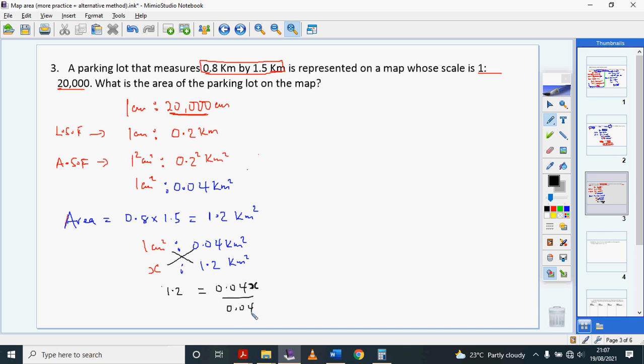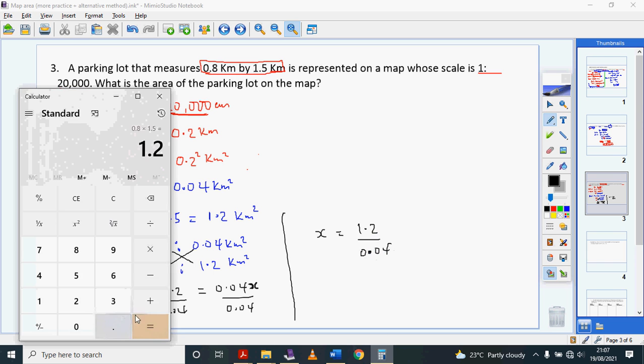When I divide by 0.04, my answer is going to be x equals 1.2 divided by 0.04, and that is 30. So x is 30.